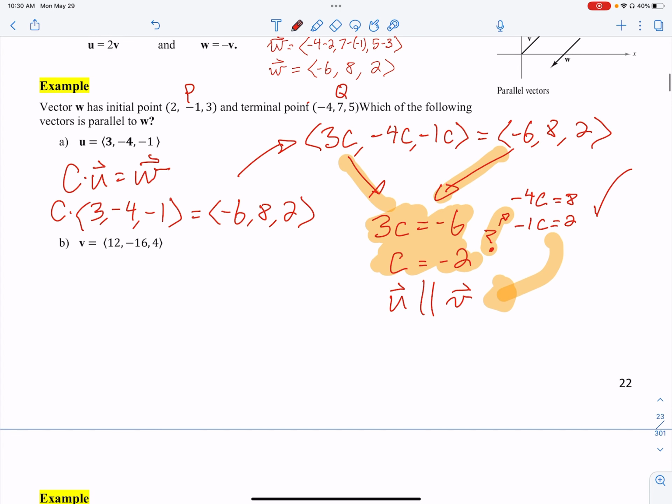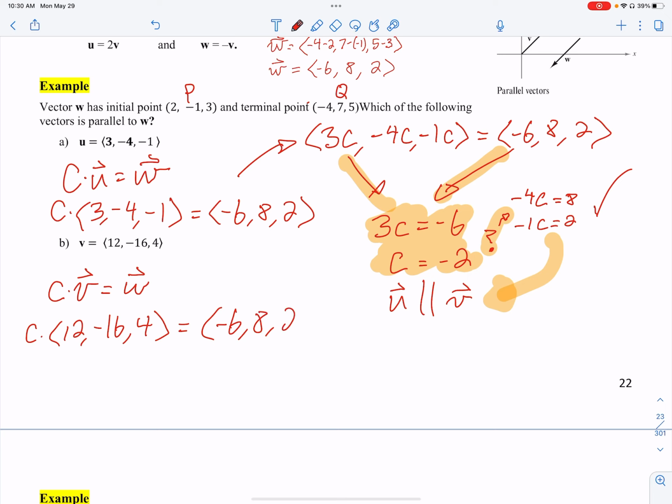All right, so let's do V. So we do C times V equals W. So C times, okay, V is 12, negative 16, 4, times negative 6, 8, 2. Now, this definition can change, and I see that I have big numbers going to small numbers, so I'm going to put that C over here. It can be on either one, right?